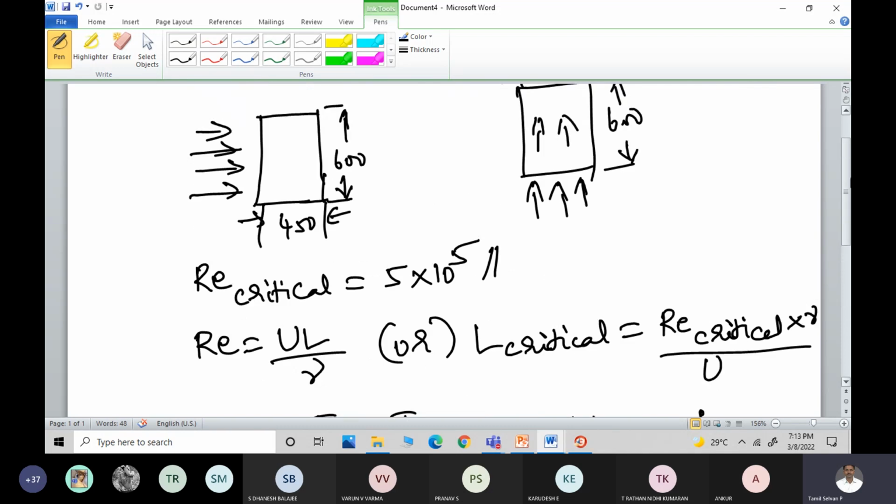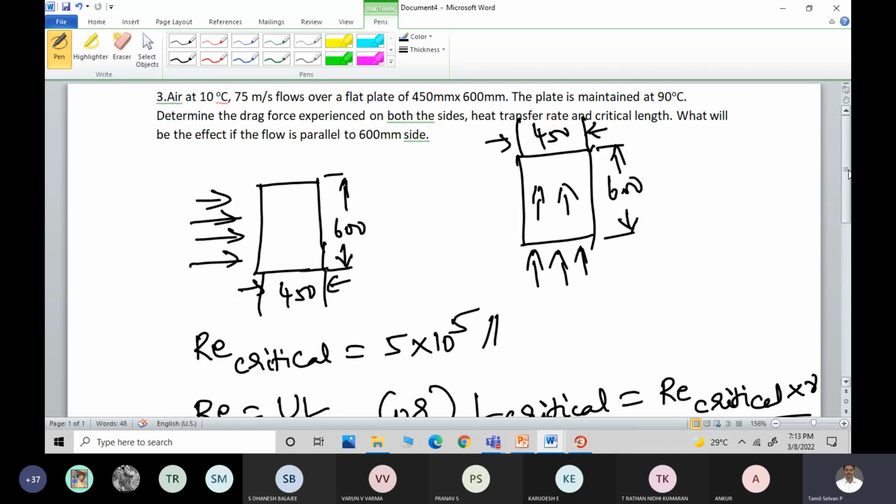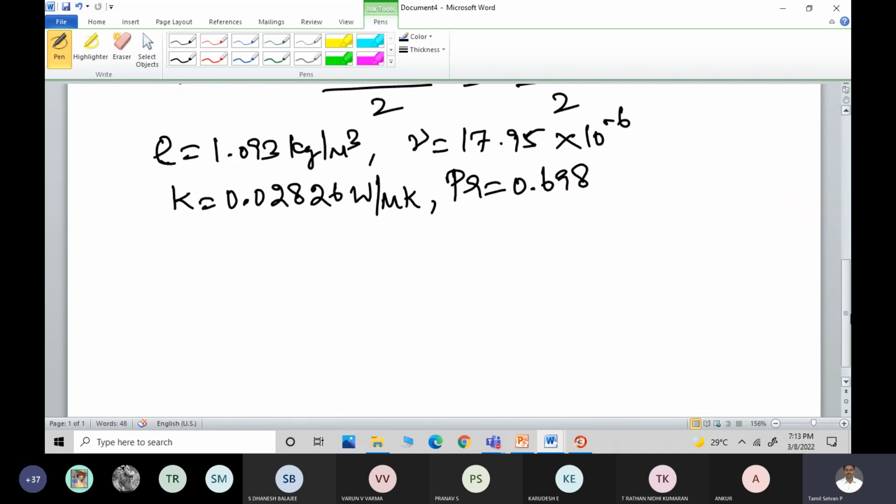Now, what is the velocity of flow? The velocity of flow is 75 meters per second. First we are finding for the 450 mm side; the 600 mm side you have to do.